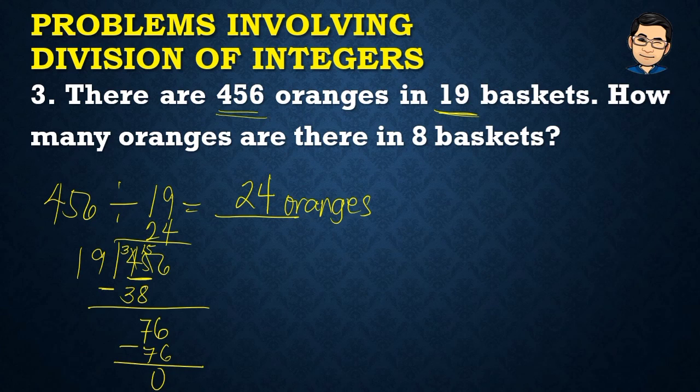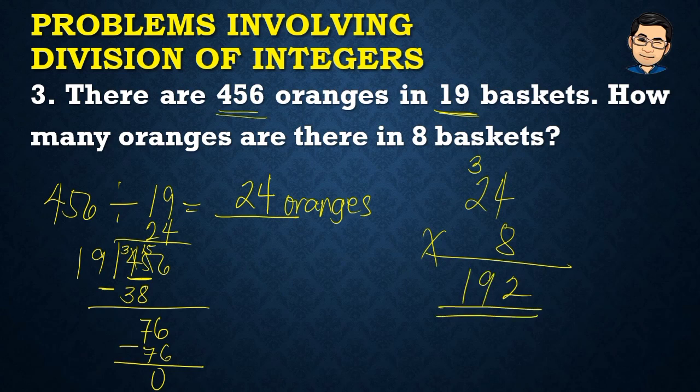Now, to answer the question, how many oranges are there in 8 baskets? So, yung nakuha nating sagot na 24, multiply lang natin sa 8. So, 24 times 8, or 4 times 8, that is 32. Write 2 and then carry 3. 2 times 8, that is 16, plus 3, 19.